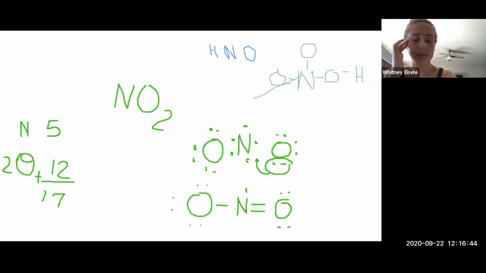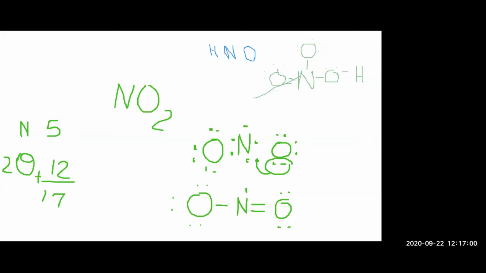The reason I didn't double bond the oxygen is because the nitrogen can only fill up to 8, right? Yeah. And so it can only connect to oxygen those 3 times. Well, hold on.